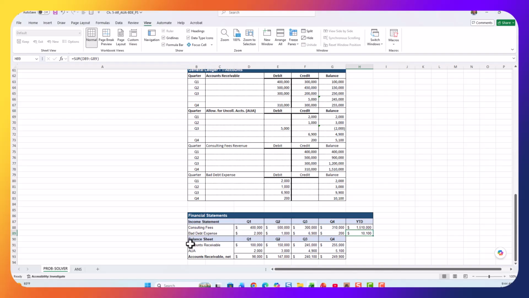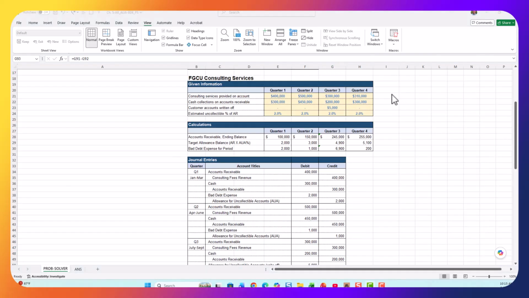The balance sheet will show that at the end of Q4, the balance in accounts receivable was $255,000. The AUA account had a balance of $5,100, so the net accounts receivable is $249,900.